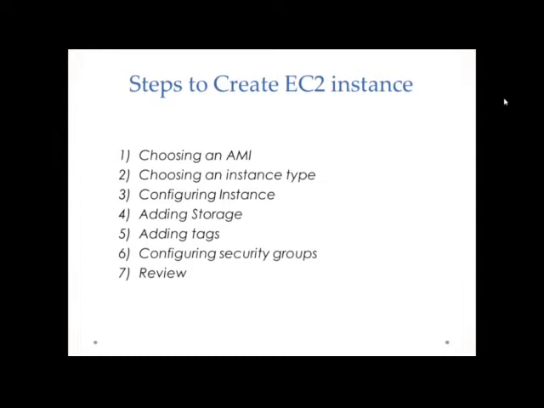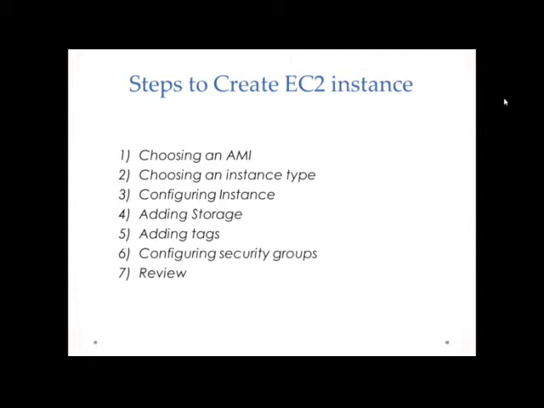We give it some meaningful names so we can identify which team it belongs to, which building department it belongs to, what's the purpose behind launching the instance, stuff like that. In an environment where we run 700 to 800 or even more instances, identifying an instance and trying to understand who owns the resource and for what purpose we created it would be a full-time job, so tagging comes to the rescue at that time.